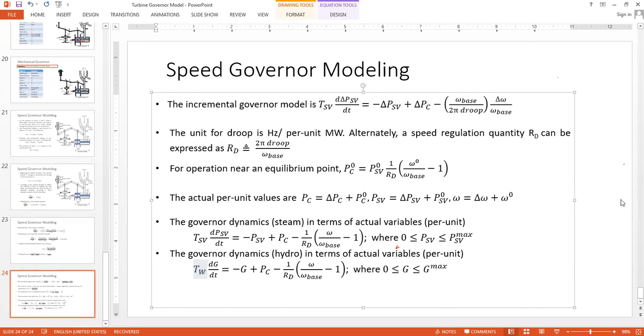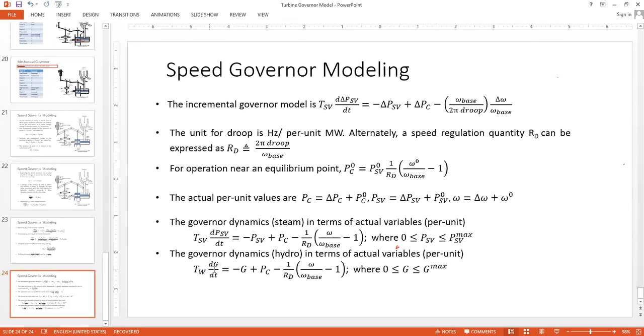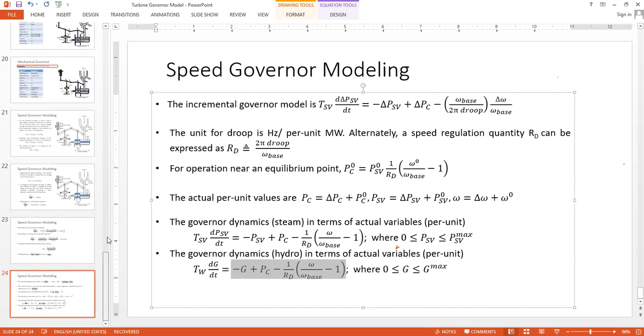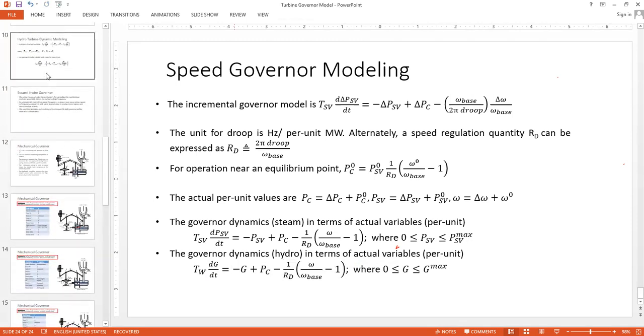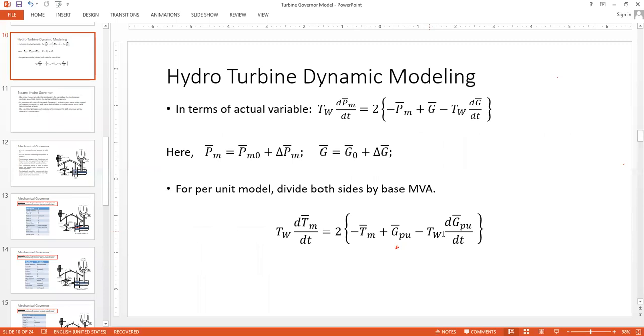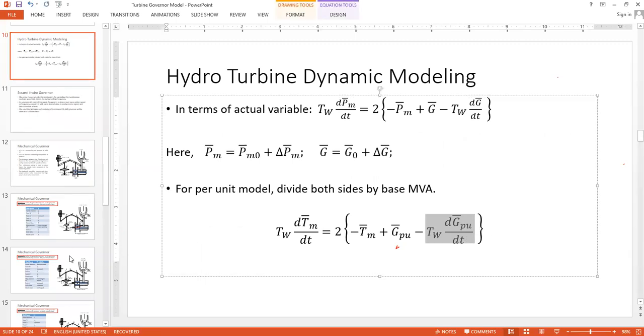So that means you have Tw dg by dt available here now, and we simply replace it with this part, which is in algebraic form, luckily. So Tw dg by dt can be replaced by the expression we derived today, and accordingly we can see that we have found a complete state space model now.